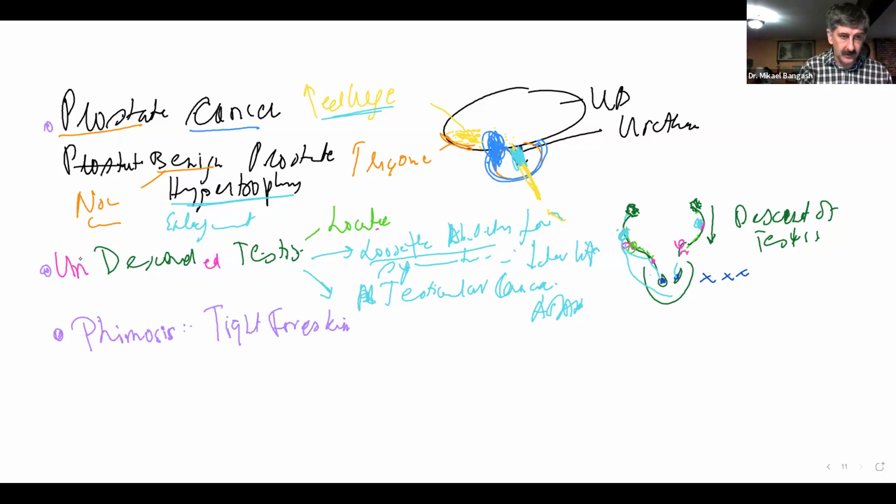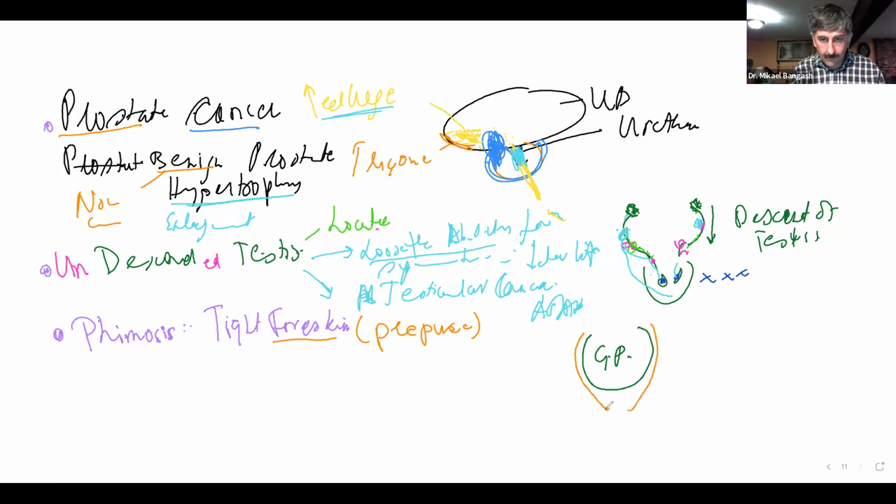What we called foreskin earlier was the prepuce. Whether you call it foreskin or prepuce, this was the glans penis, and we have the prepuce or foreskin.